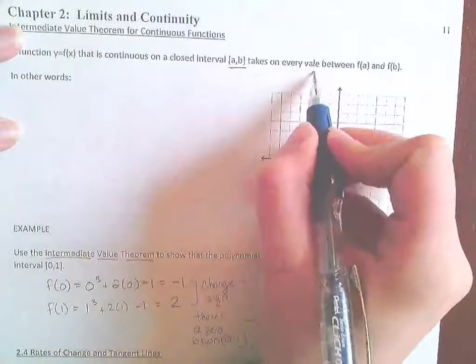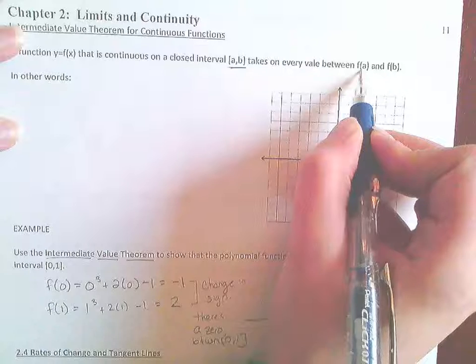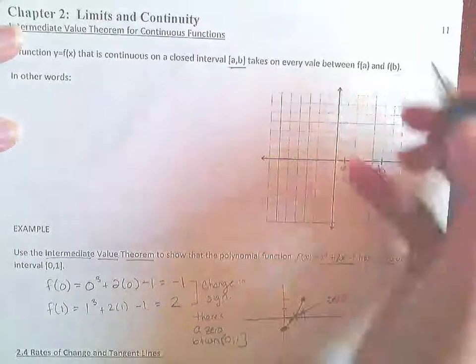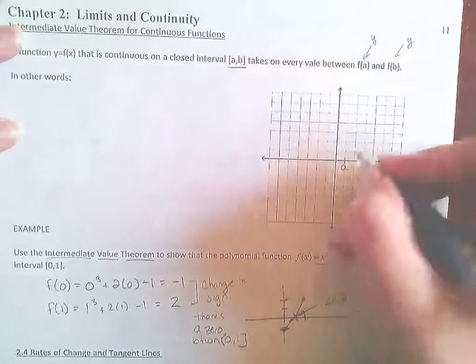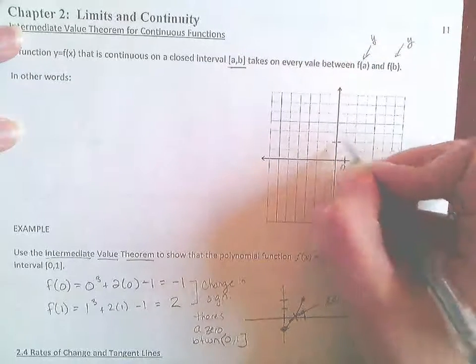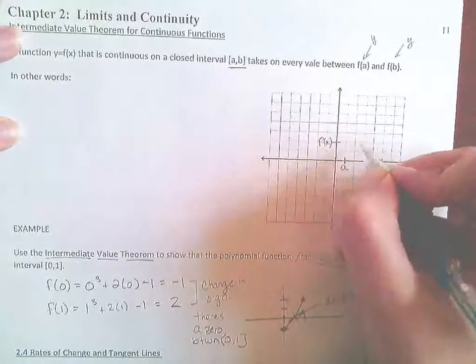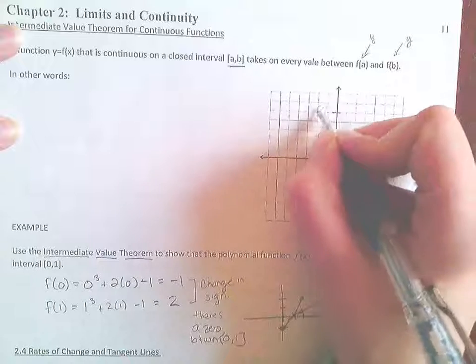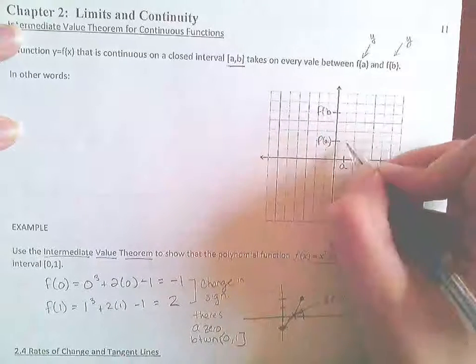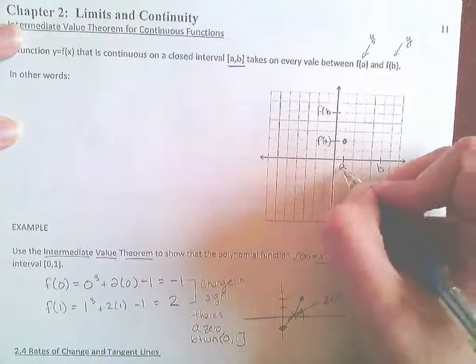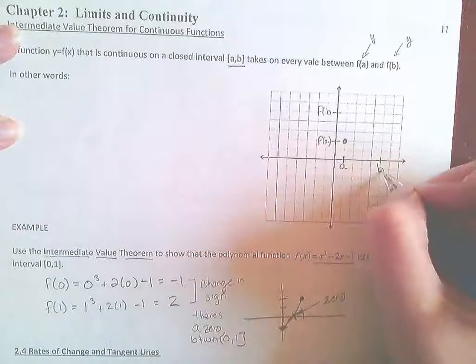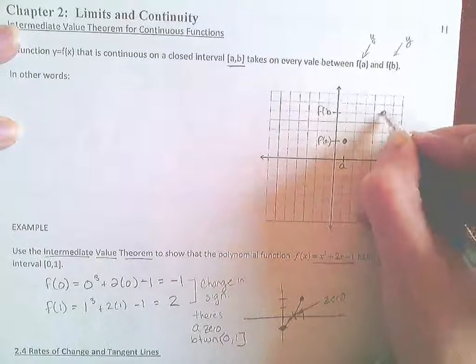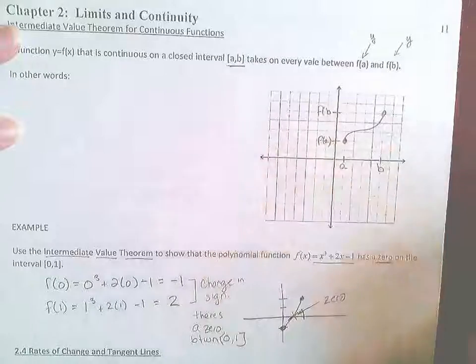And takes on every value between f of a and f of b. And these are basically like your y's. So f of a, let's call it right there. And f of b, let's call it right there. So when the x variable is a, this is f of a. When it's b, f of b is over here. And let's pretend that this graph does one of those.